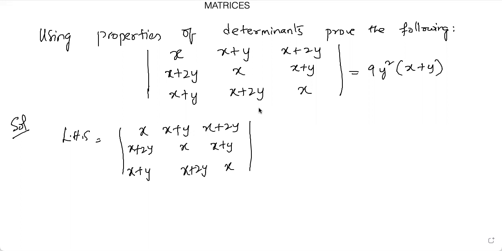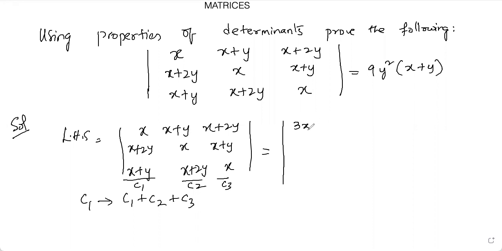So C1 will be changing to C1 plus C2 plus C3. So this will be 3x plus 3y.